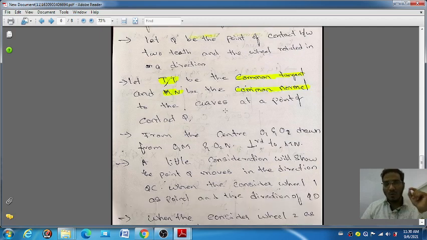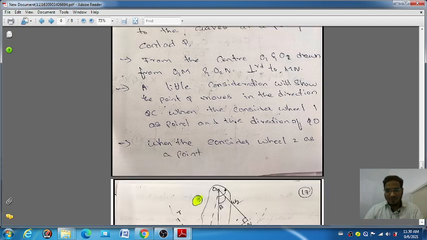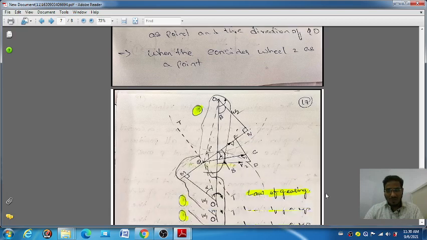From the centers O1 and O2, lines are drawn, O1M and O2N, perpendicular to MN. Here you can see. This is the center O1 to M1, and this is O2 to N2, the centers of these two wheels.